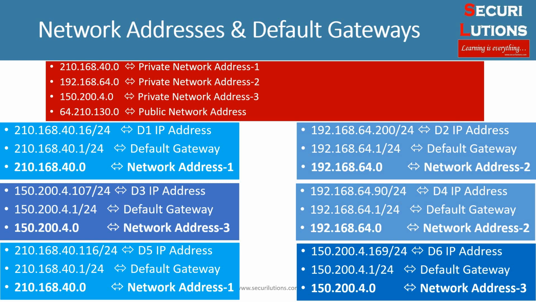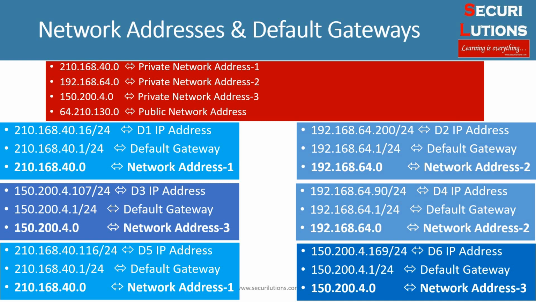For device 4, IP address is 192.168.64.90/24 and network address is 192.168.64.0. For device 5, IP address is 210.168.40.116/24 and network address is 210.168.40.0.